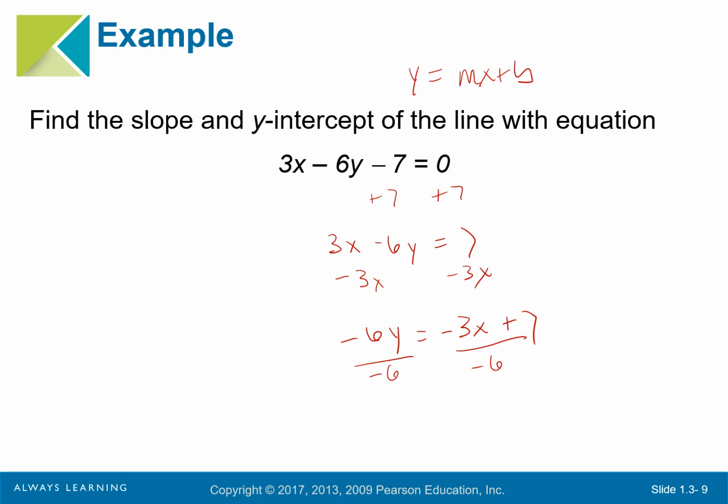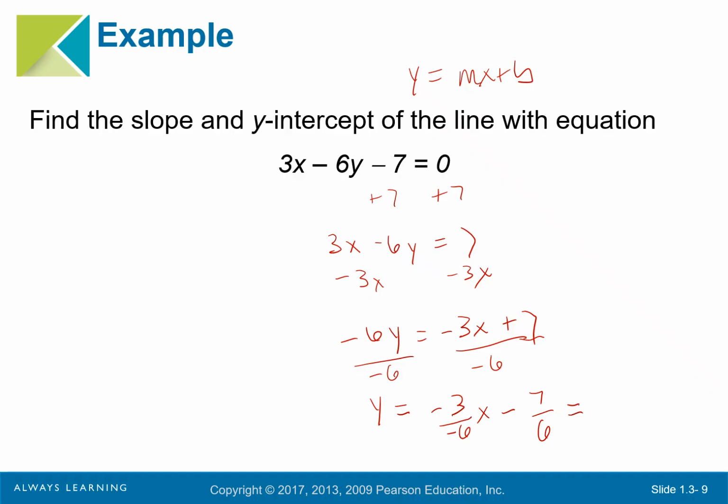And I get y equals negative 3 over negative 6x minus 7 over 6. So the negative, this minus 6, since I'm dividing the whole thing by it, I distribute it to both items, okay? So negative 3x divided by negative 6, and the plus 7 divided by negative 6, which gives us the negative 7 over 6.